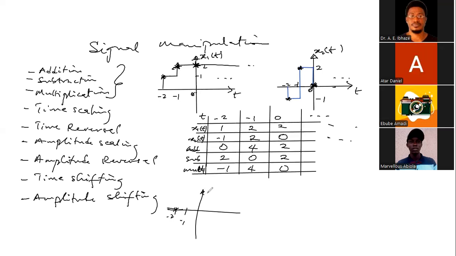So the signal is going to trace this way and go all the way up to 4. Then at 0, it is 2, so it's going to step down to 2 and go this way. This is how the signal is going to look.